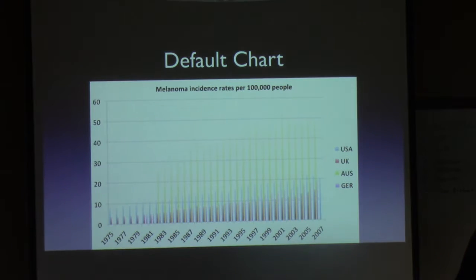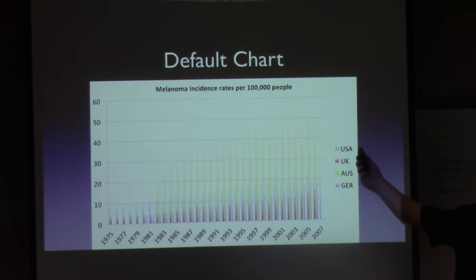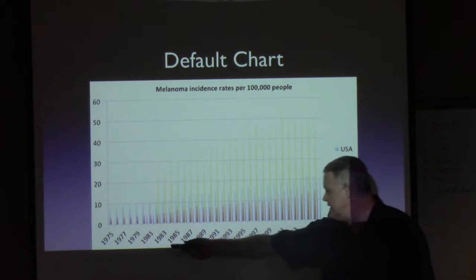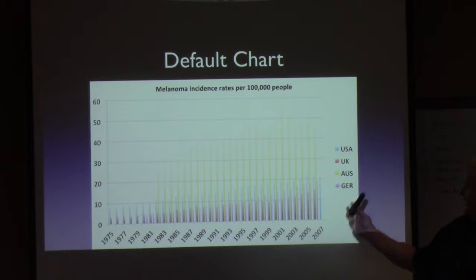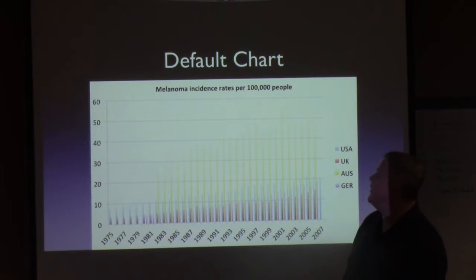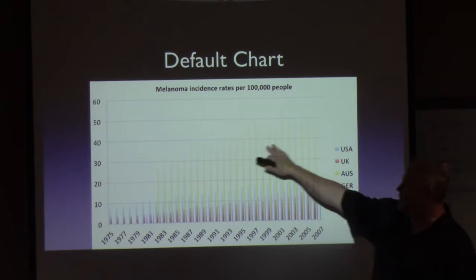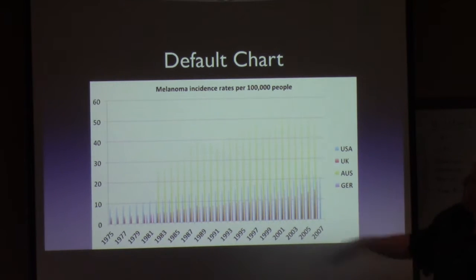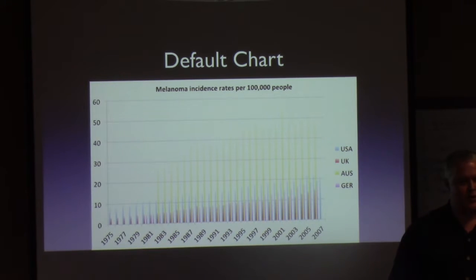So how do you do that in a chart? How do you use preattentive attributes visually to draw your audience's attention to the data I want to show? So this is skin cancer rates in these 4 countries over 1975 to 2007, was that 32 years, something like that? And this yellow's hard to see on the screen, but that's okay, right? But it's really hard to understand what's going on here.